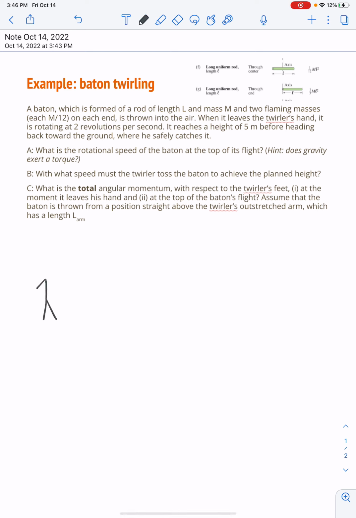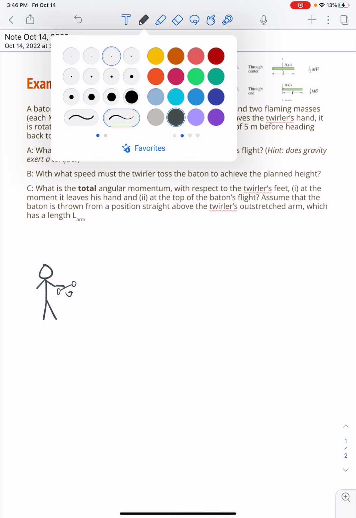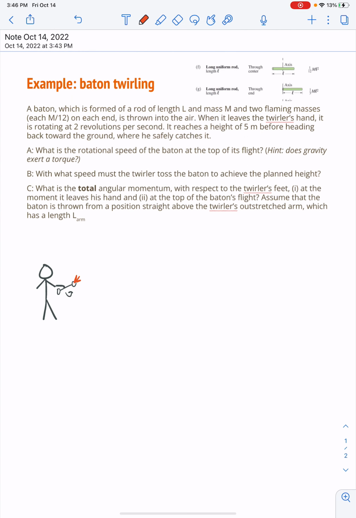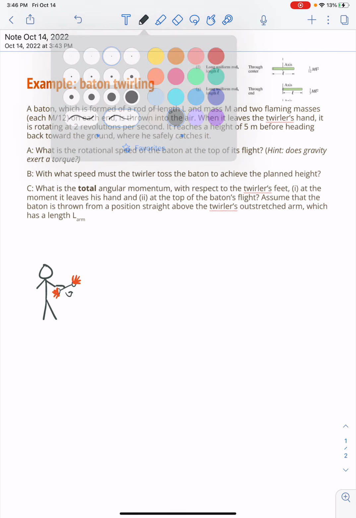So I've got a person who is holding a baton that's twirling like this, and it's got two flaming masses at the end. This problem was inspired by a physics major baton twirler who was in my class last semester.